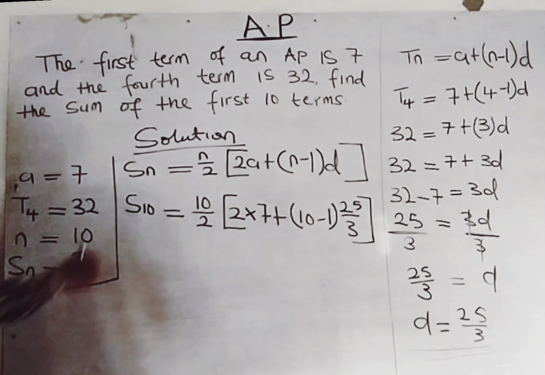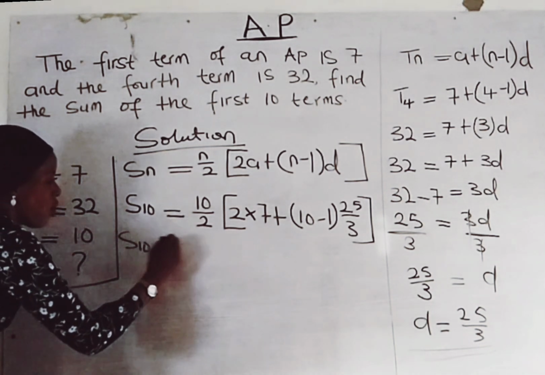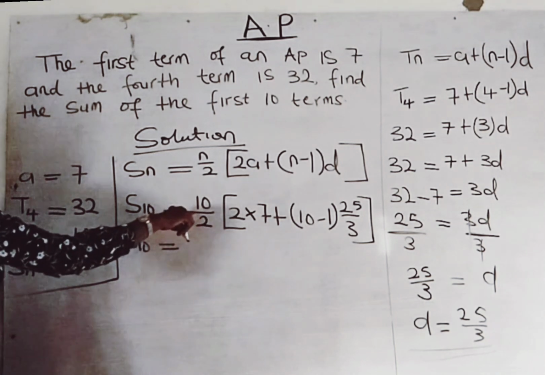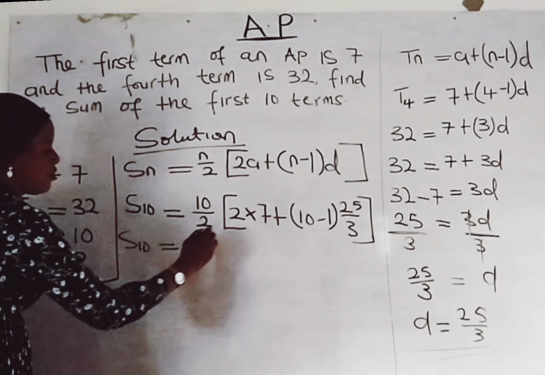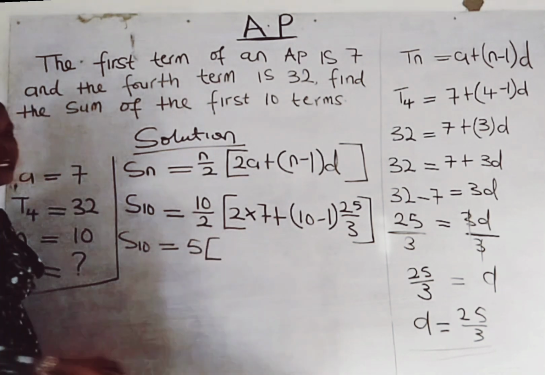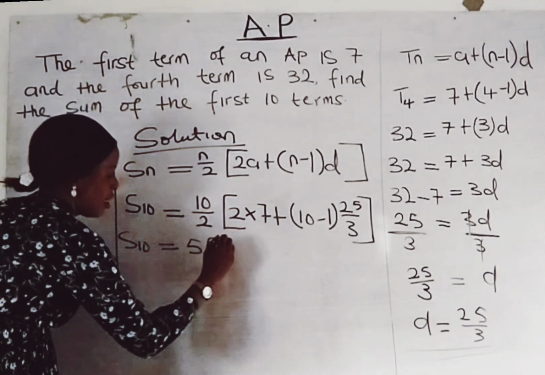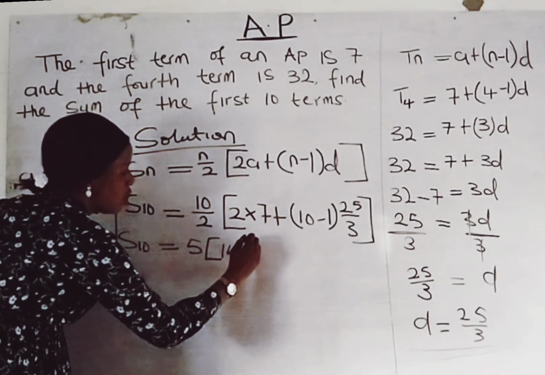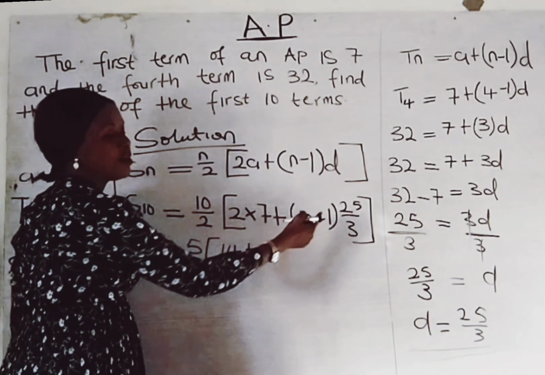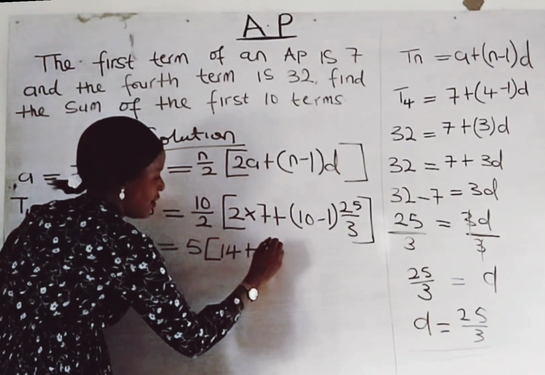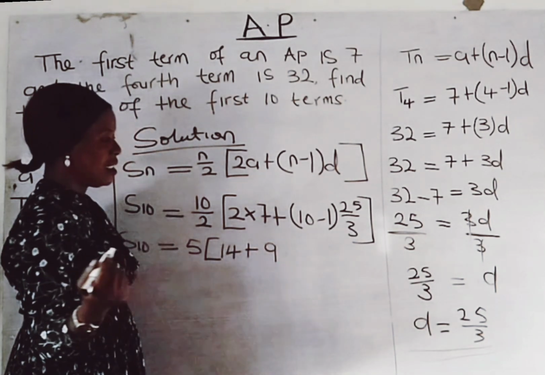And we continue. Carry down the S10. S10 is equals to 10 over 2, which is simply 5. Open the bracket, and 2 times 7 is 14. 14 plus, come this side, 10 minus 1 is 9.